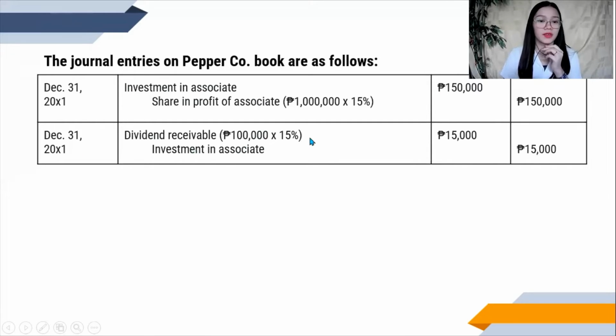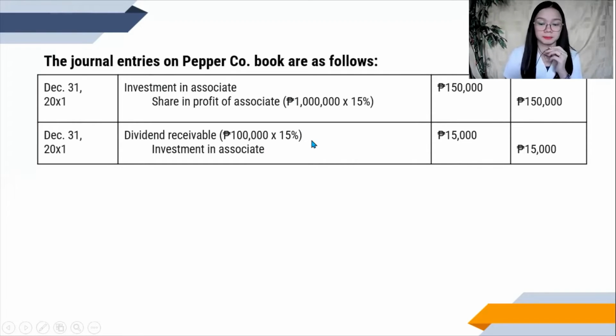And then yung cash dividend naman na dineclare ni Morgan Company is 100,000. Ita-times lang natin yung present ownership interest natin na 15%. So, equivalent siya sa 15,000.